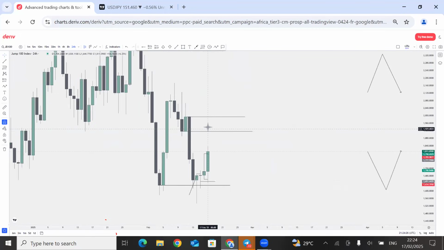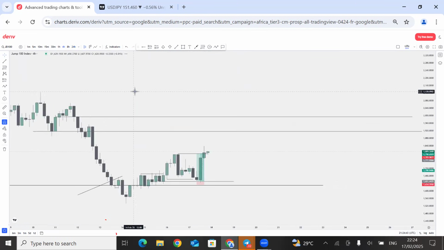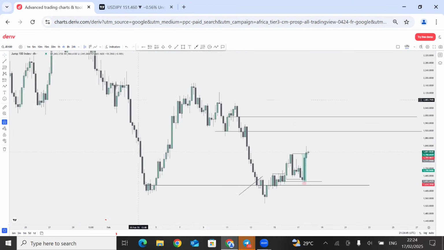If it comes and taps here and gives me, let's say, a close below, I know that it's going to come back down again. Here is also a fair value gap, so price may tap there. And here is also an order block. So you just need to be very vigilant. Price moves from key level to key level as it moves from internal range liquidity to external range liquidity.